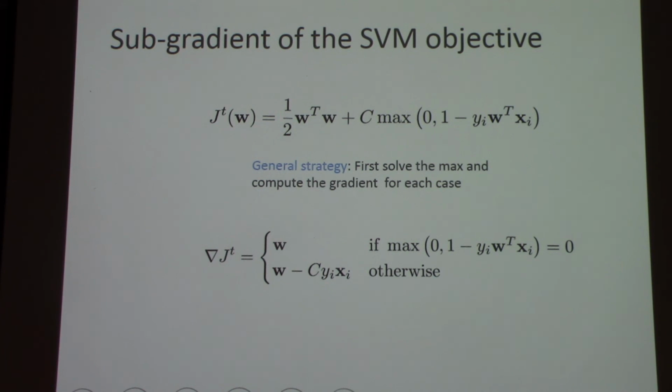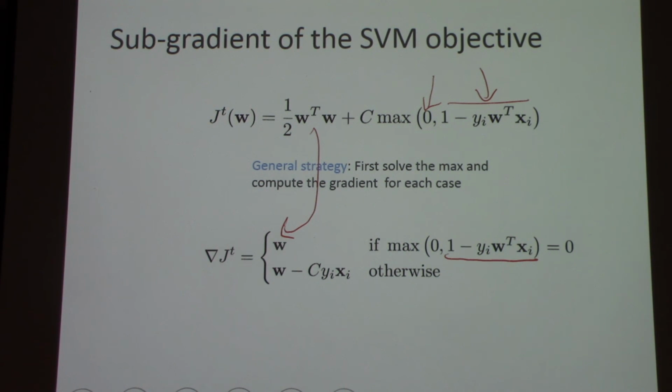So max of these two quantities can either be this or this. If the max is 0, then this entire thing disappears. So the gradient of j is simply from this part, which is this w. If the max is not 0, then it has to be this line. Then the gradient of the line, it's a differentiable function, I can compute the gradient.